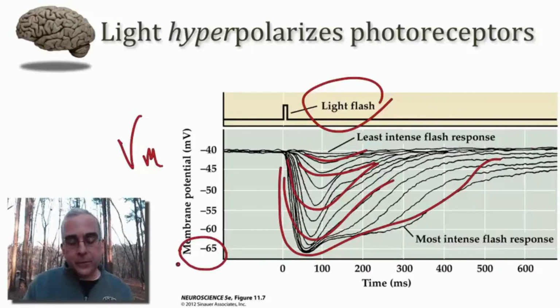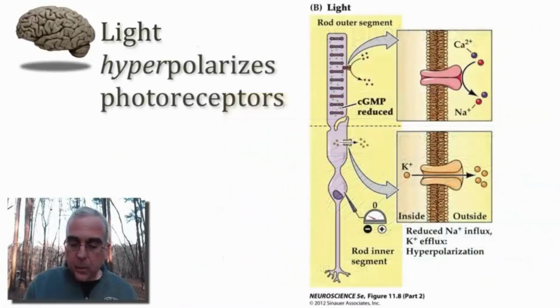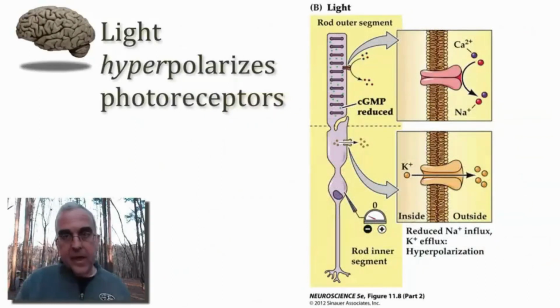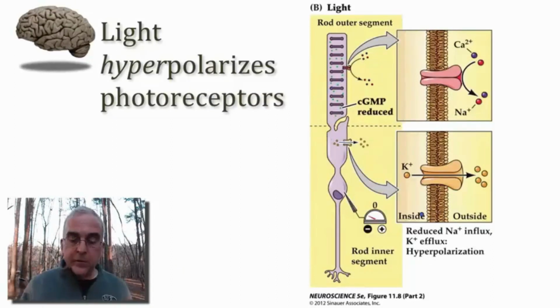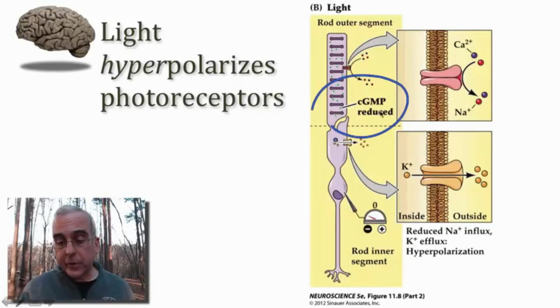Okay, well, how does this work? Well, when light strikes the outer segments of the photoreceptor, there is a series of molecular events that lead to a reduction in the concentration of cyclic GMP. So when the level of cyclic GMP is reduced, then these channels close.